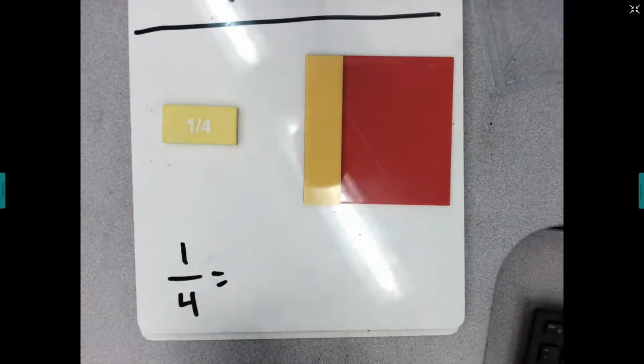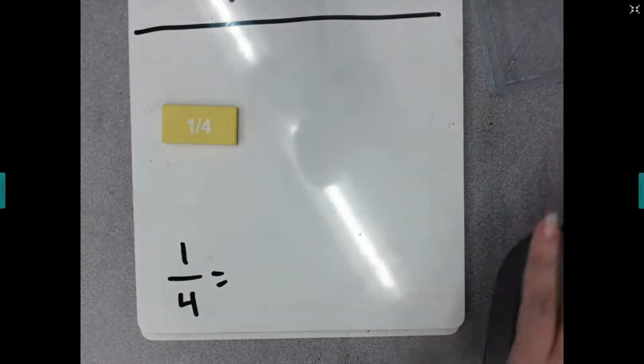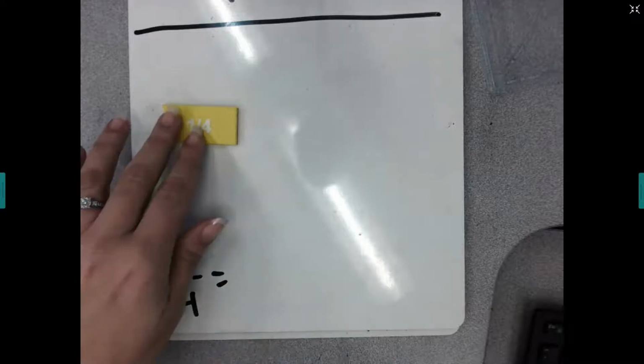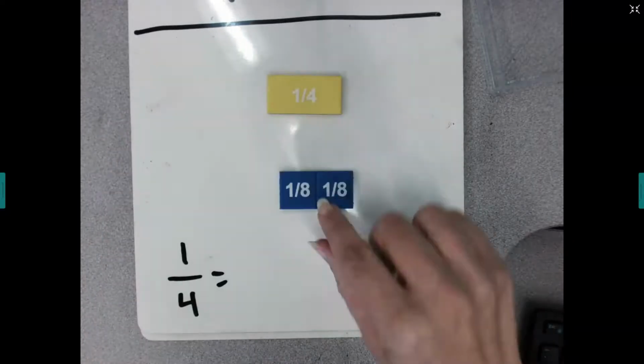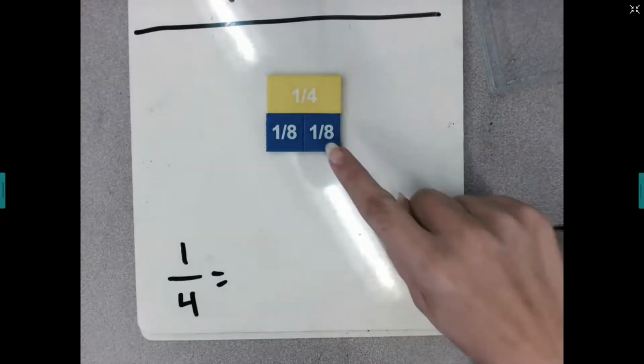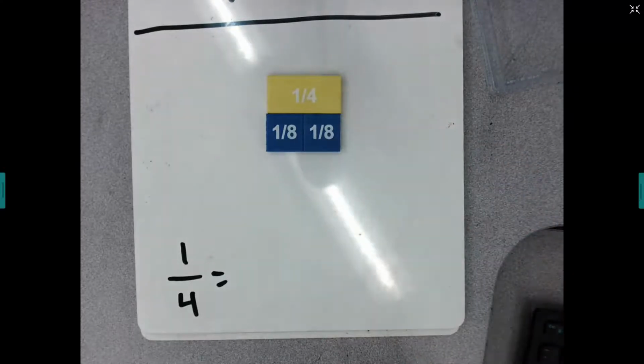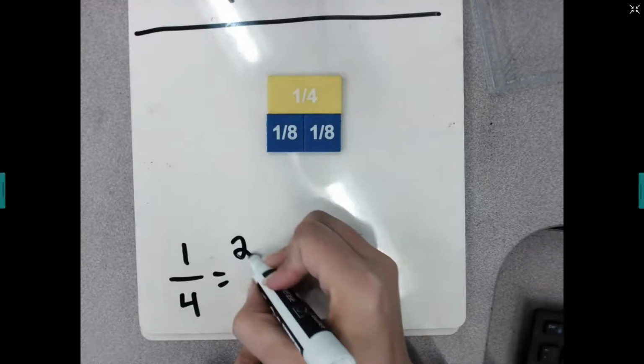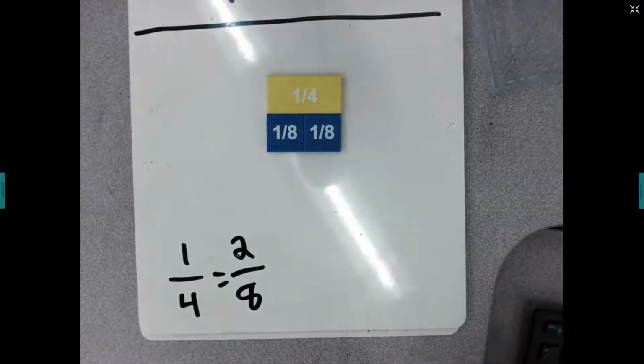So I want to come up with some equivalent fractions for 1/4. I can use fraction tiles to create these equivalents. So here I have 1/4 is equivalent to 2/8. All right. And I found that by matching my fraction tiles until I had a match.